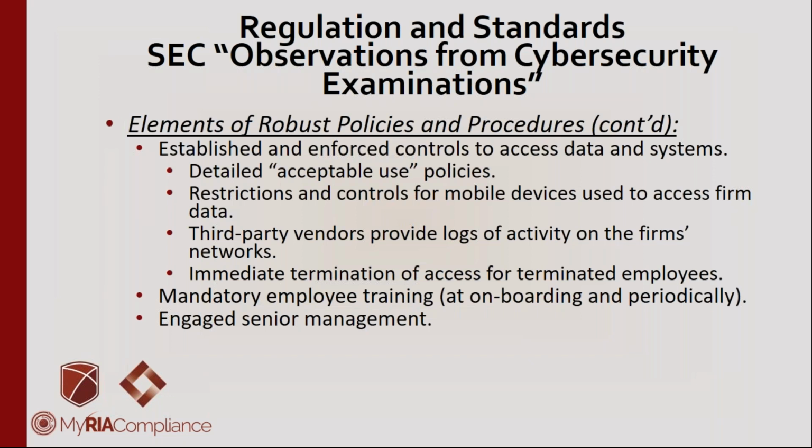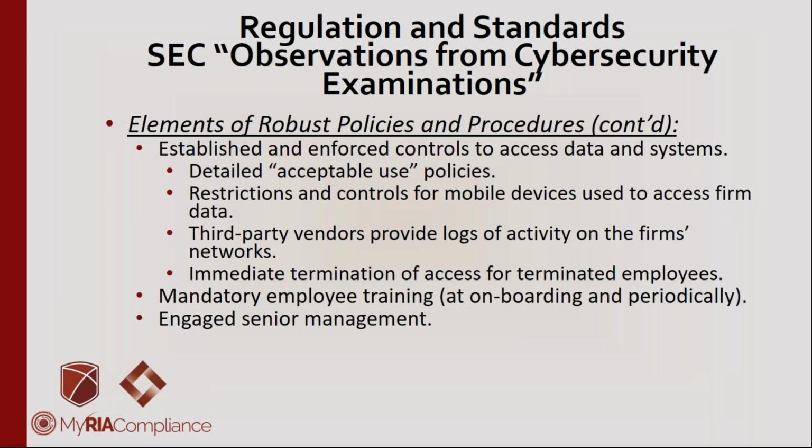You need to have logs from your third-party vendors of their activity on the firm network. So if you have an IT contractor that comes in and does system maintenance, make sure they're giving you a log of what they do, when they do it, and why they've done it. And then when you have a terminated employee or someone that voluntarily resigns, you need to terminate their access.